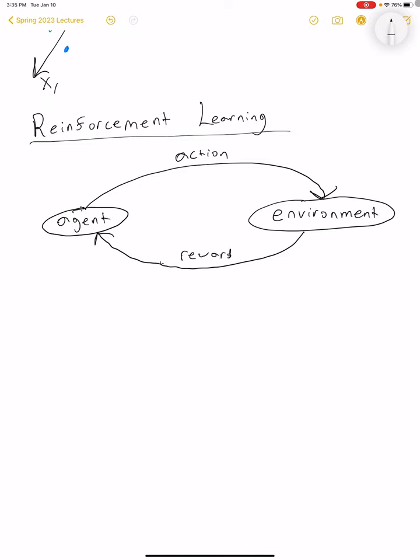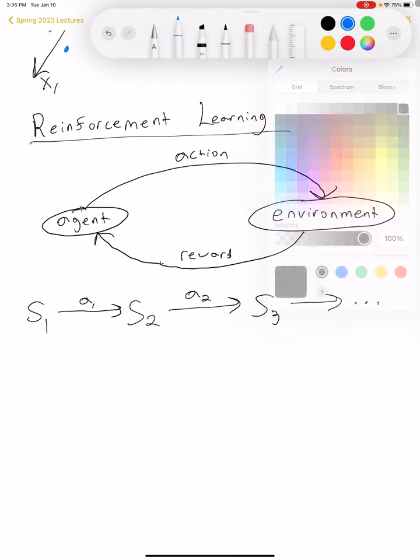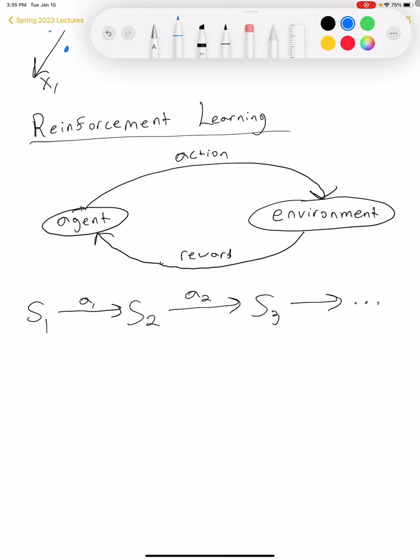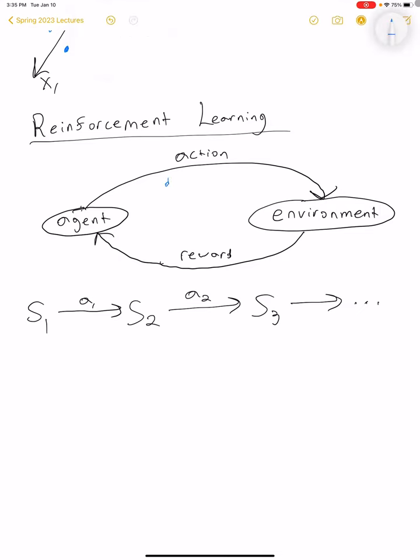And so the agent will start in a state. This is so abstract, so I apologize. Takes an action and then ends up in another state while receiving a reward, then takes another action, ends up in another state, etc. Now, the action can be a discrete category, or it can be a continuous number.